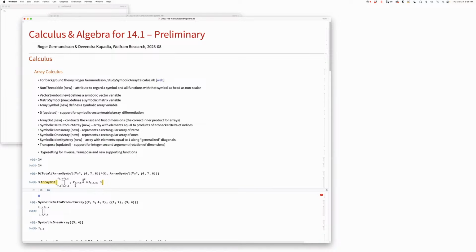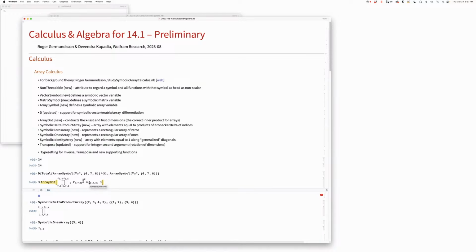Well, that's half of the dimensions, which is why I used a different letter. So on the ones array, those are the dimensions. On the identity array, those are half of the dimensions.